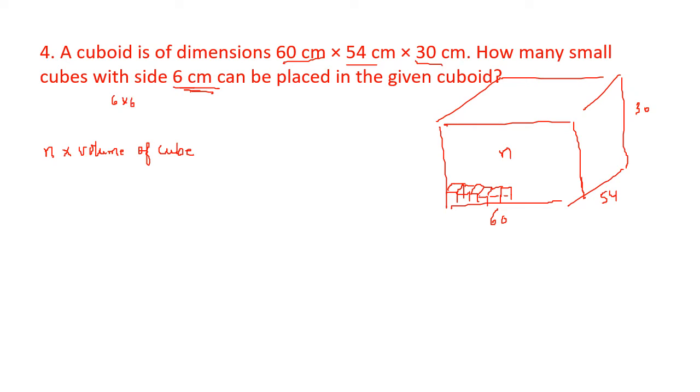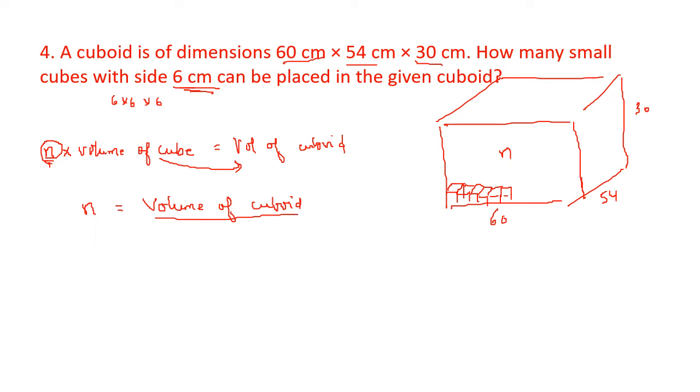So when I take n number of cubes, the total volume of all the cubes together will fill up the cuboid, will give me the volume of the cuboid. So n, which is the number of cubes, can be found out by finding the volume of the cuboid, and the cube will go in division.